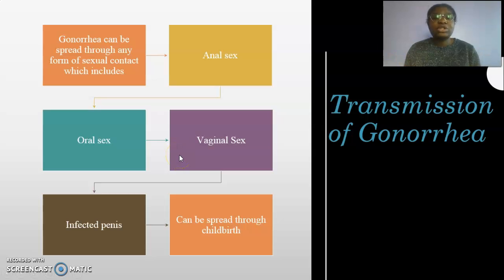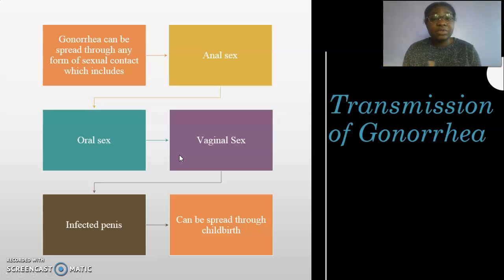So, transmission of gonorrhea. There's a wide variety of different ways gonorrhea can be transmitted, mainly through sexual contact, which is through anal sex, oral sex, vaginal sex, from an infected penis. It can even be transmitted through childbirth, from a mother to the child.